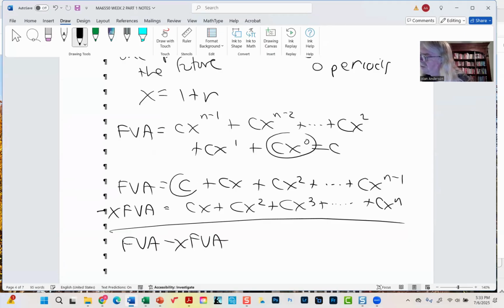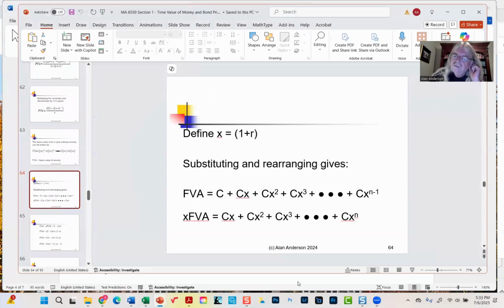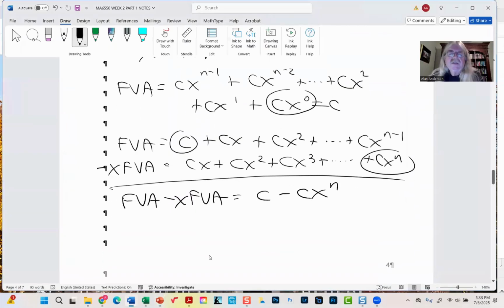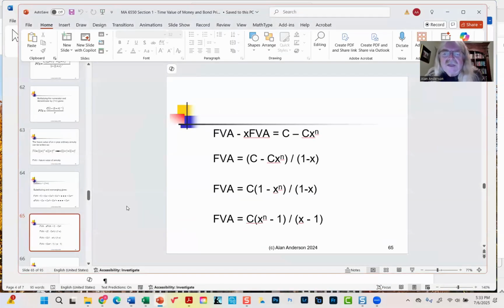Again, all the terms will drop out except the first and the last. So that equals that minus CX to the N. So we can do some factoring. Let's do that right now.